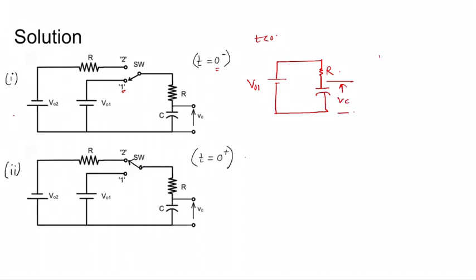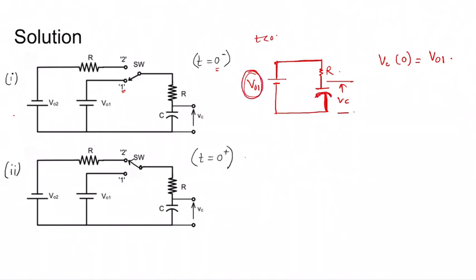So now Vc0 equal to V01, because this was connected like this for a long time, so all this voltage appears across the capacitor, and a capacitor connected with a DC voltage source acts like an open circuit with the voltage equal to the DC voltage source.